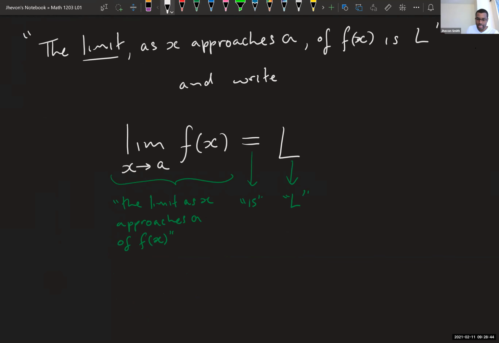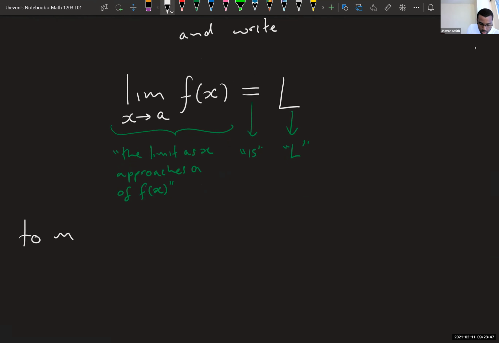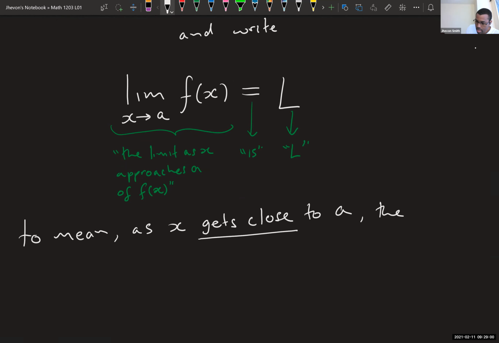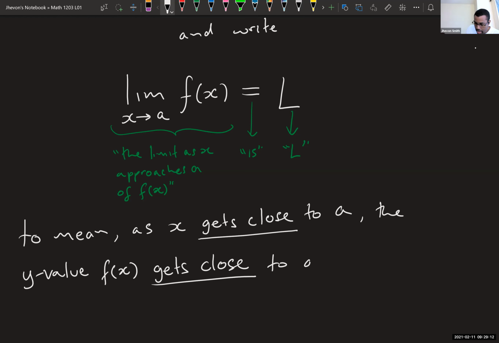And what does someone mean when they say that? To mean, as x gets close to a, the y value, f of x, gets close to a unique, unambiguous value L. Okay, so that's what it means.